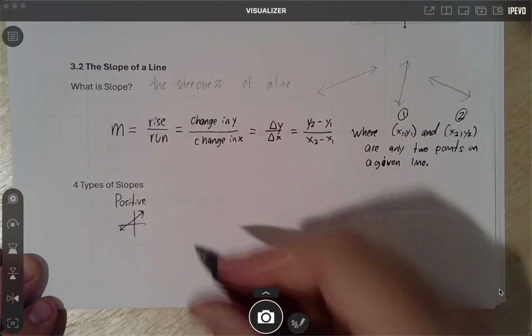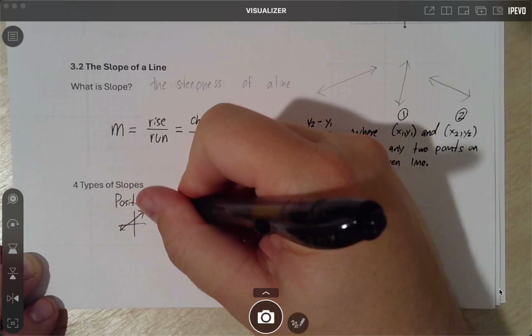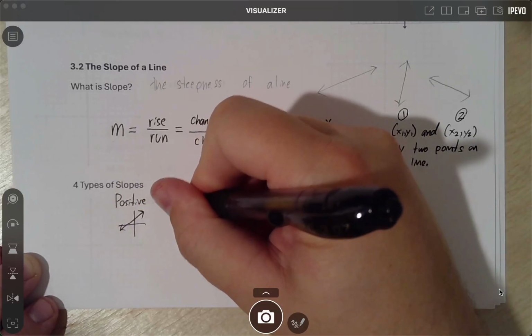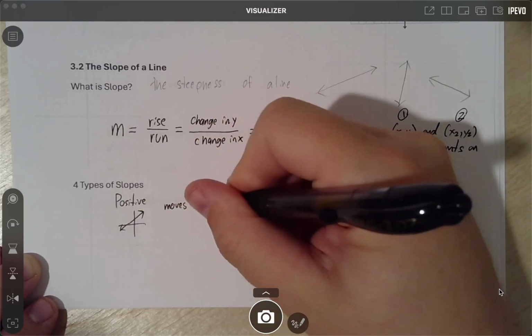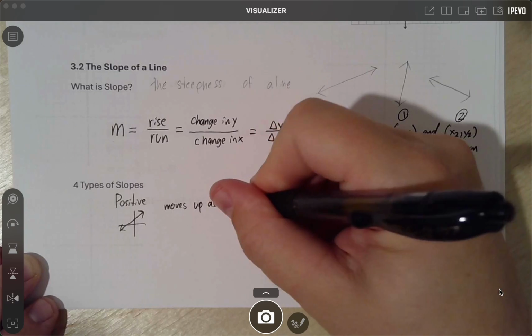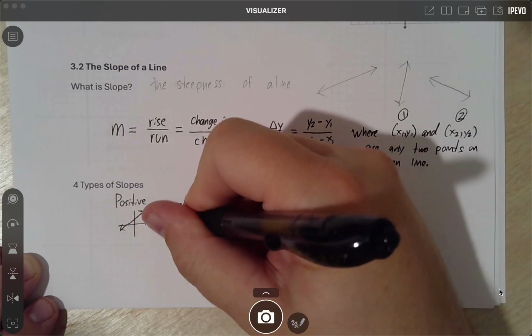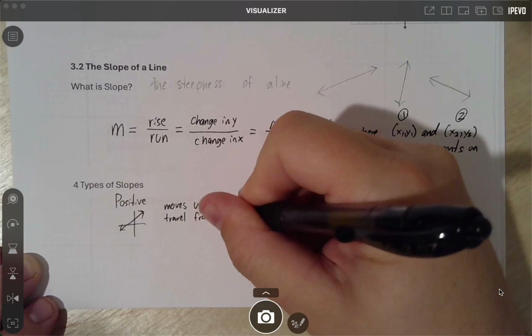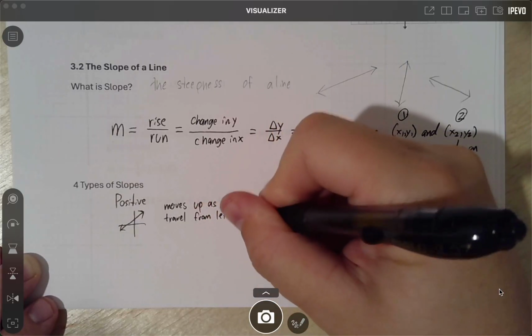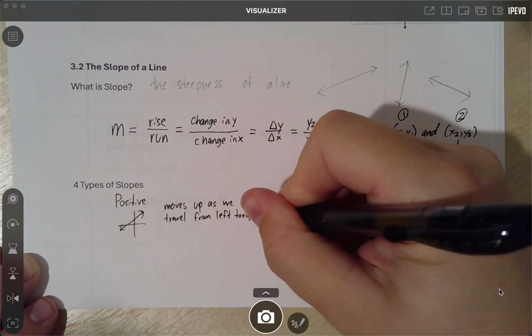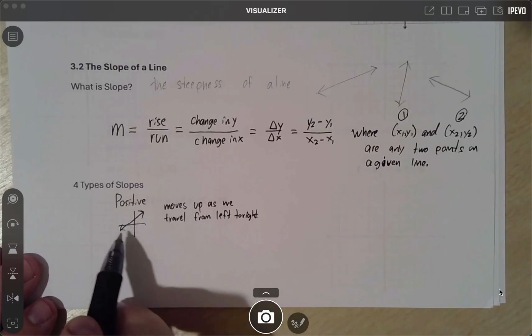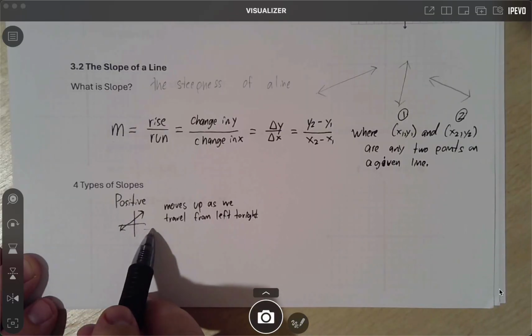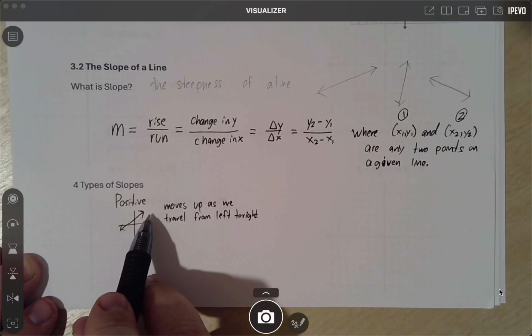All right, and we would say it moves up as we travel from left to right. All right, so as we move from the left side of this graph to the right side of the graph, my y values were increasing.